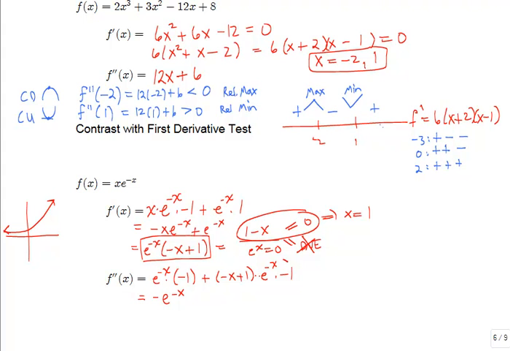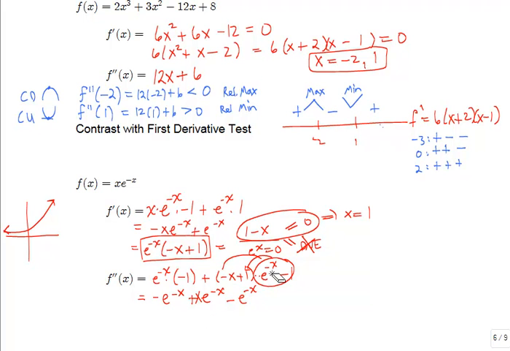And here we're going to get a negative e to the negative x times a negative x. So that actually becomes a positive e to the negative x. And then we're going to get a negative e to the negative x times 1. Oops, I forgot my x in here.